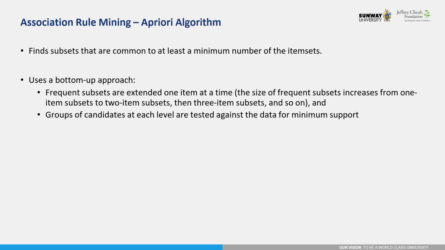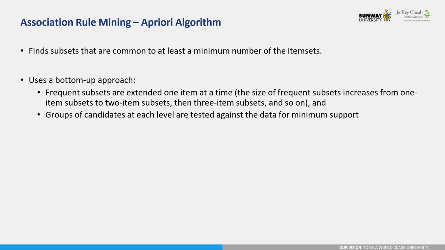Association rule mining uses the Apriori algorithm. You can understand it as finding subset data, the common minimum number of the item set, using a bottom up approach. We learned before the top down approach and the bottom up approach. Right now we are using the bottom up approach, and then we have the subset extended by one item at a time.